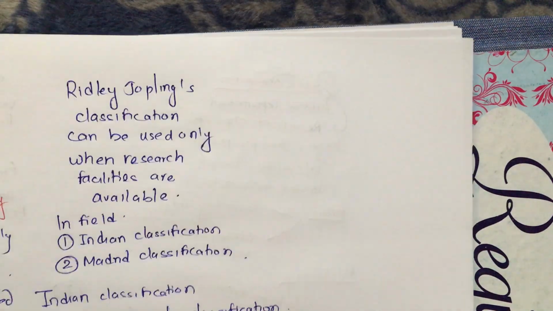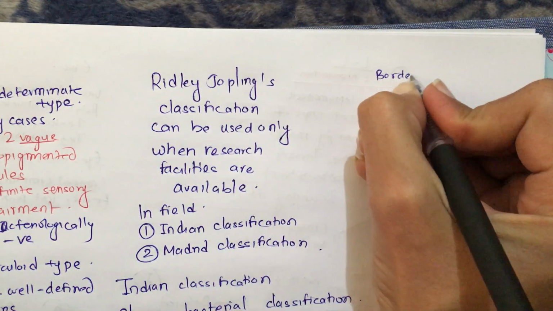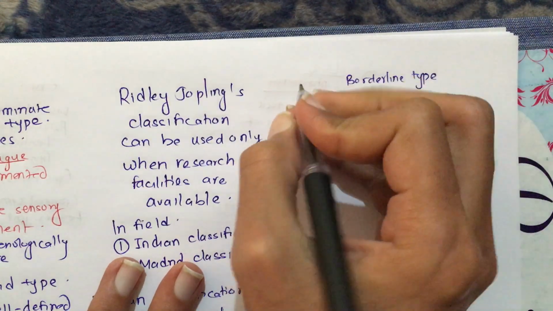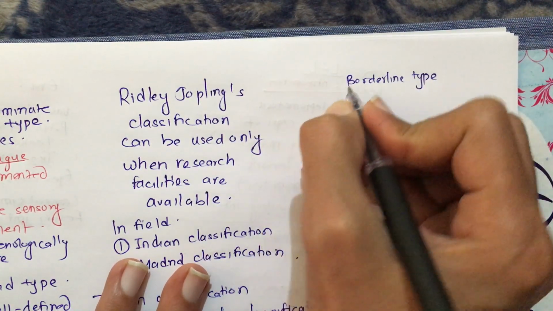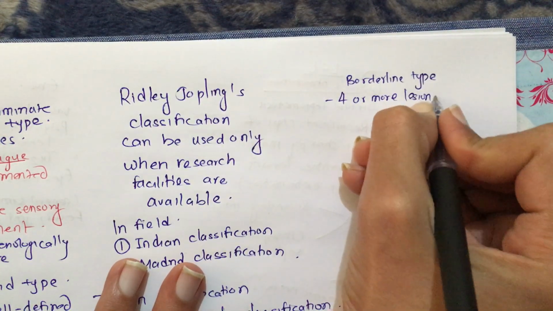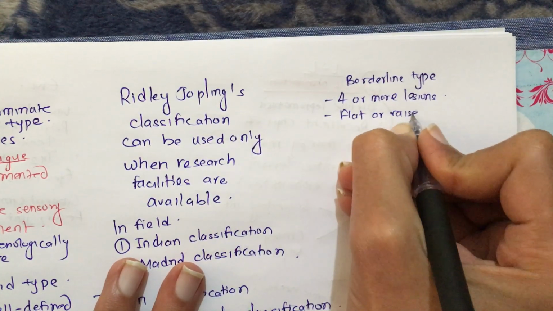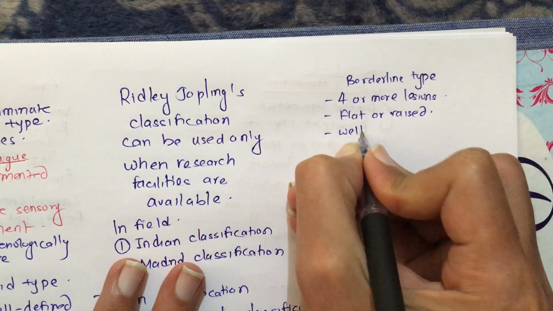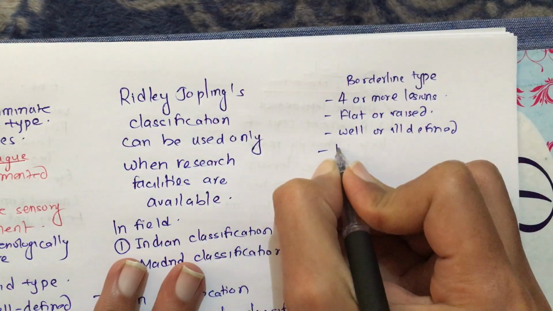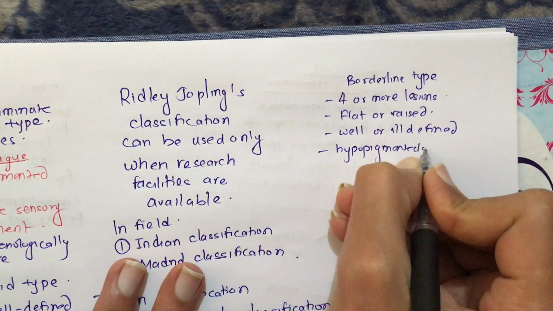The third type in the Indian classification is the borderline type. This type denotes those cases with 4 or more lesions. These also can be flat or raised, well or ill-defined, hypopigmented or erythematous.